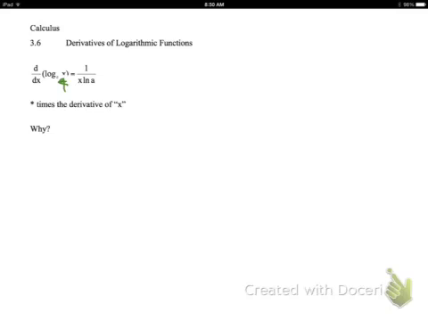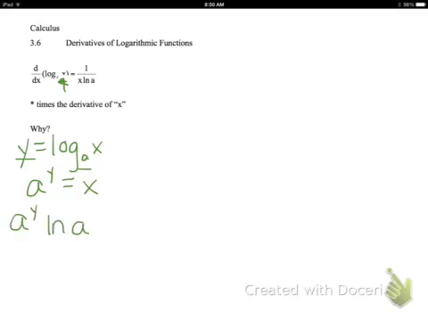Okay, I can show you how we get this quickly. If you start with y equals log base a of x, and you change this to exponential form, a to the y equals x, take the derivative of both sides implicitly, I would have a to the y times natural log of a times y prime on the left equals 1 on the right.